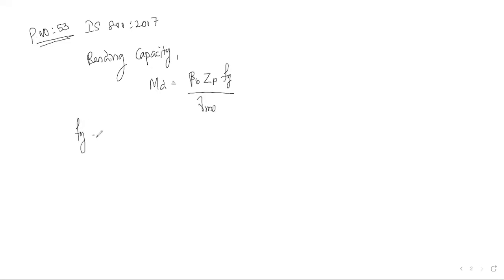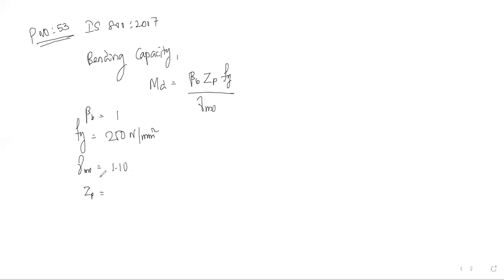We know that fy is 250 N/mm², and γm0 from Table 5 is 1.10. Now Zp of the section we have to calculate. βb for the plastic section is 1, we all know that.